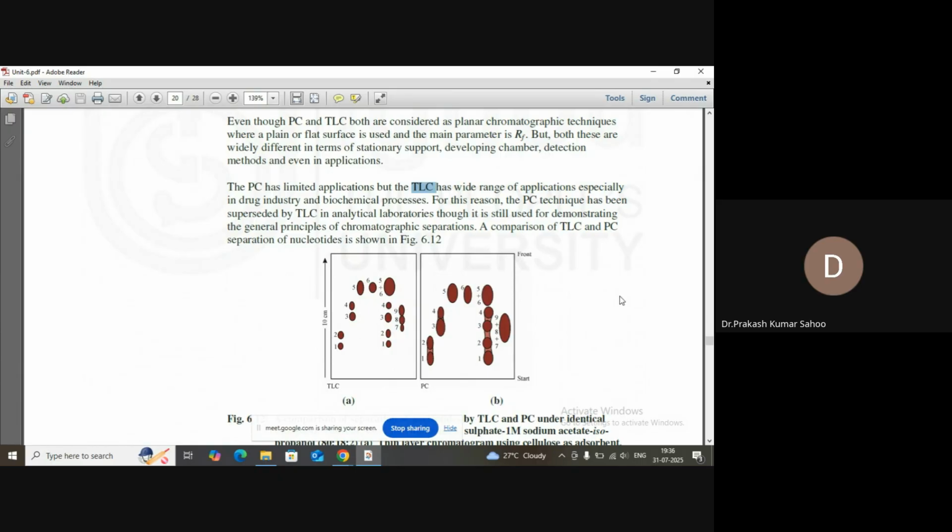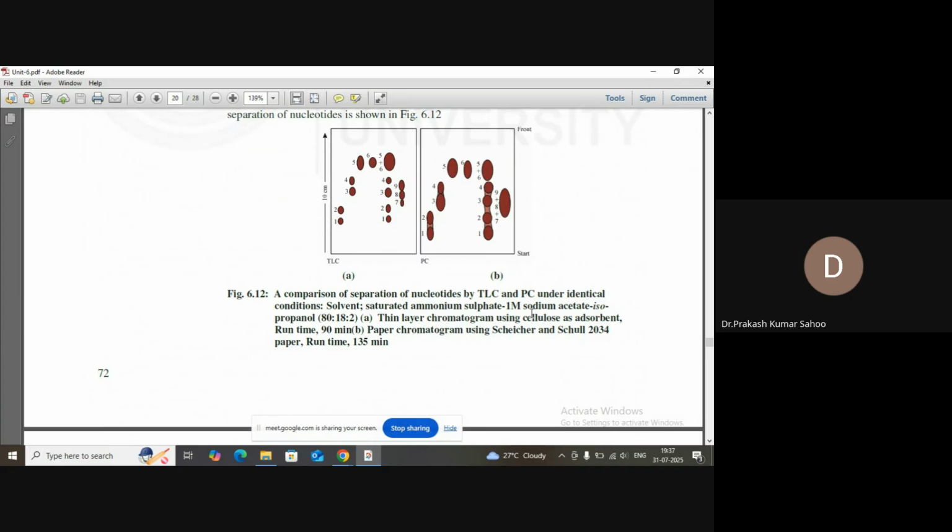The chromatography plates are available in the market in different sizes, starting from 2.5 centimeter by 5 centimeter onwards, and depending on the number and type of components you are trying to separate, the stationary phase is accordingly selected.